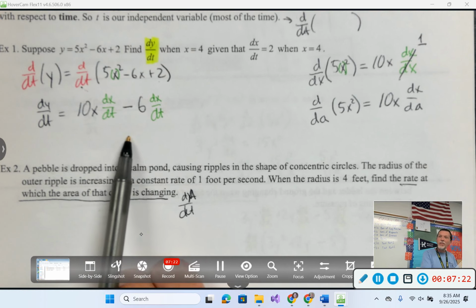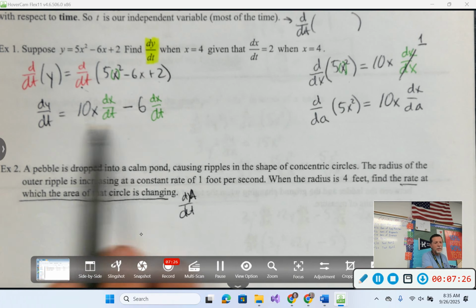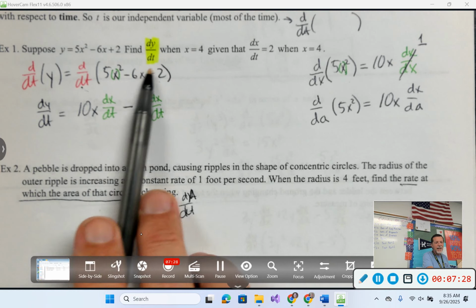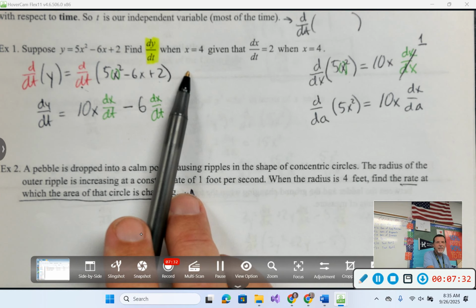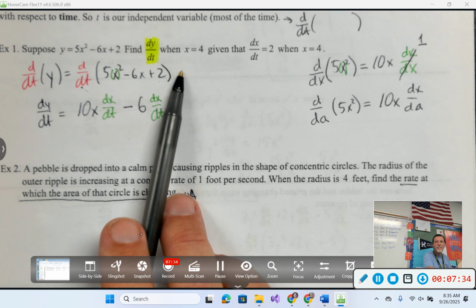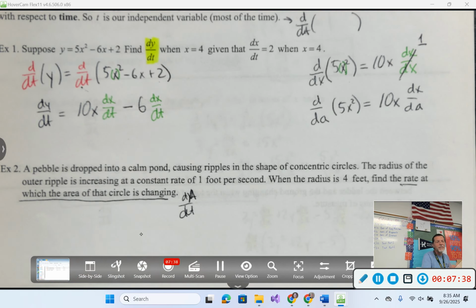People will still use it because if every derivative in the problem is with respect to t, then we kind of just know that x prime means with respect to t. But that's kind of dangerous. So I won't ever do that. But if you do and you're careful, you can get away with it.